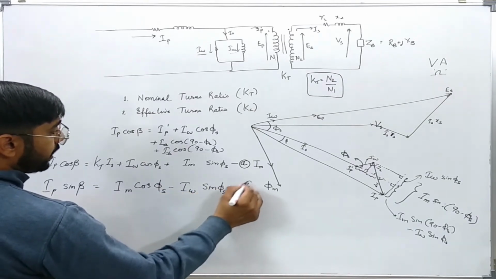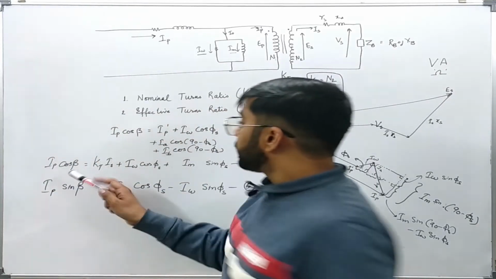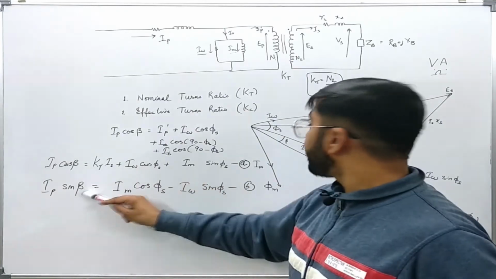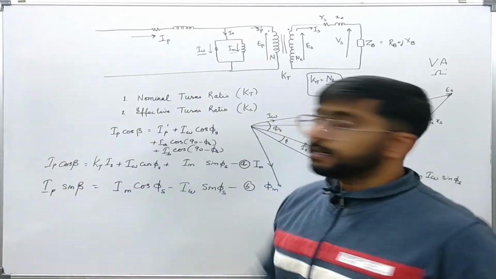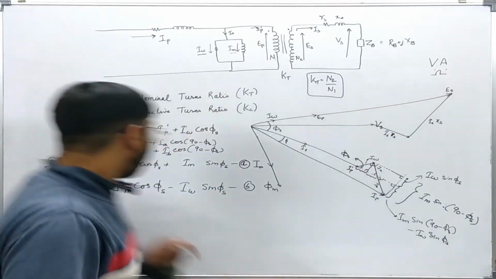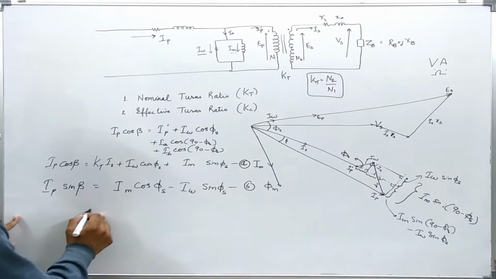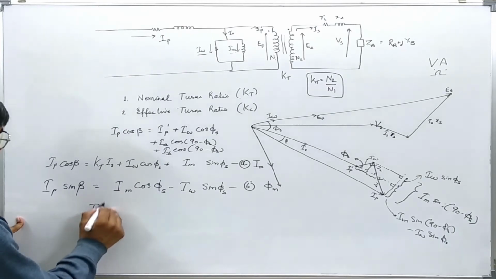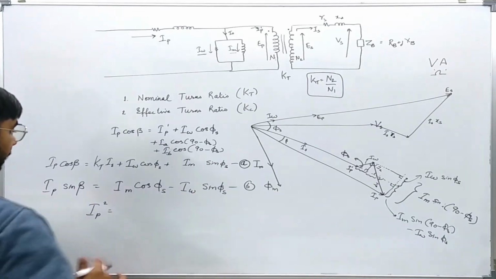This is equation B. Now what I will do, I will square A and square B and add them so that I will get IP out of it. So IP cos square beta plus IP sin square beta will give me IP square equals these two squared and added.